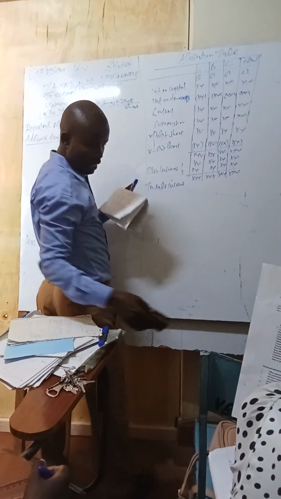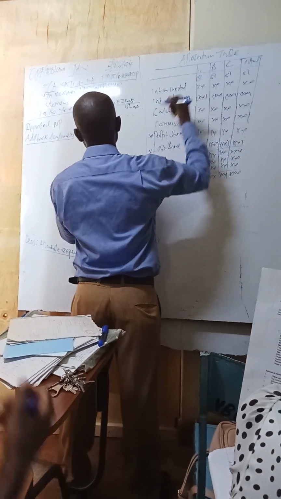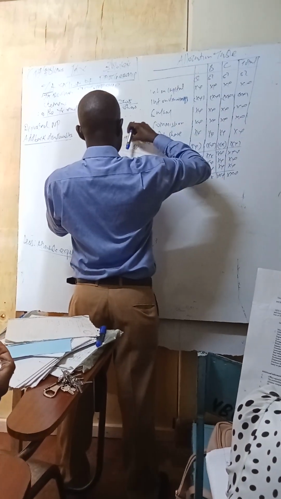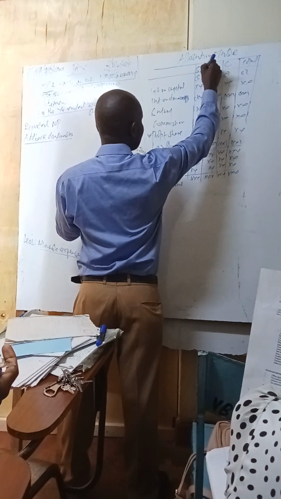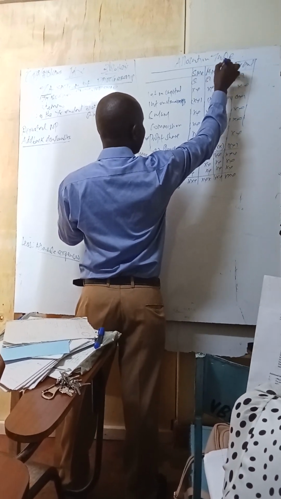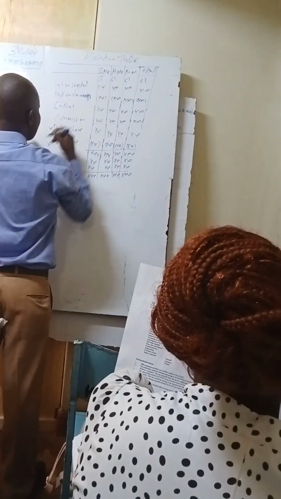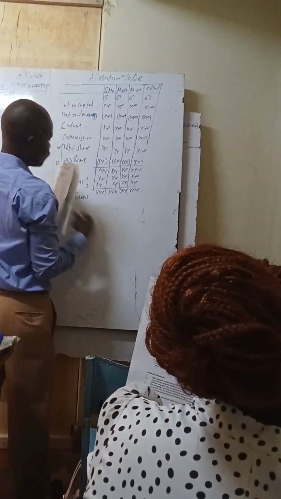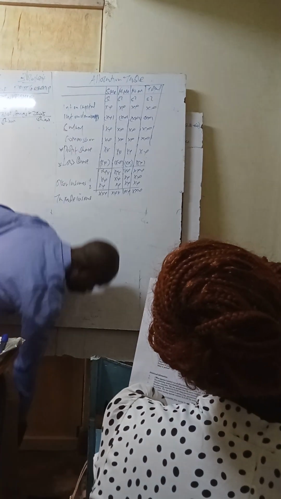We have M Meta, isn't it? We have S Meta. Then we have M Meta, then we have N Meta, and then we have the total, isn't it? So most of these ones are going to appear there.